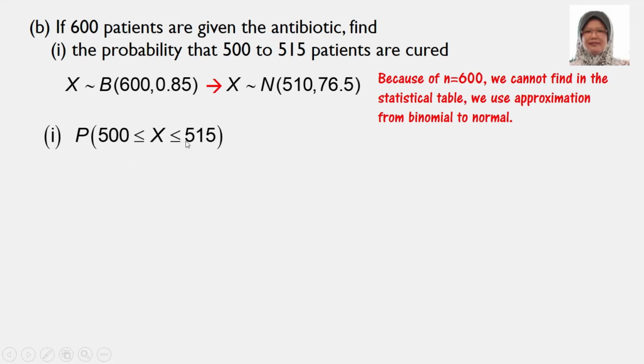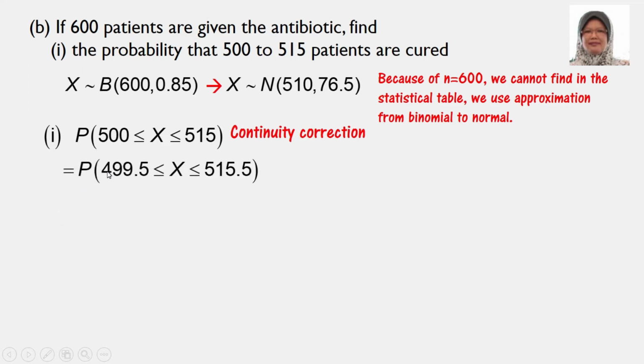We know we must do continuity correction. So 500 must be in the answer, so we take 499.5, and 515 also must be in the answer, so we take 515.5.